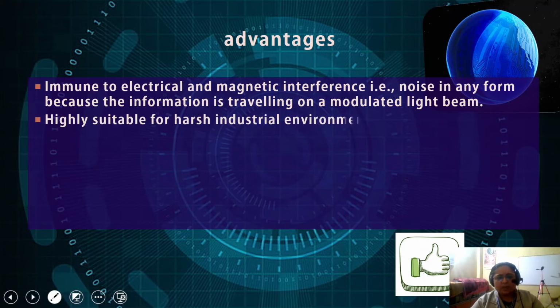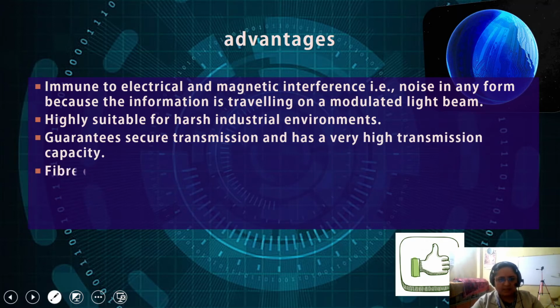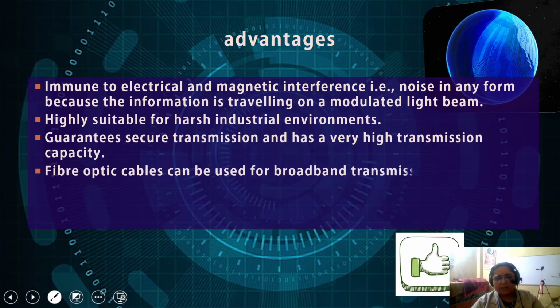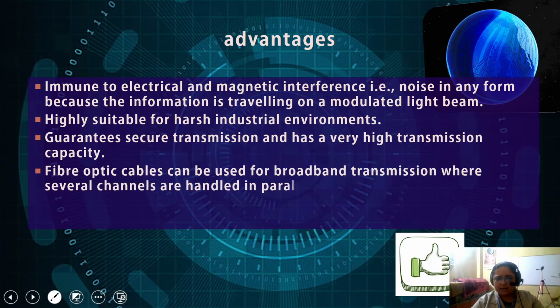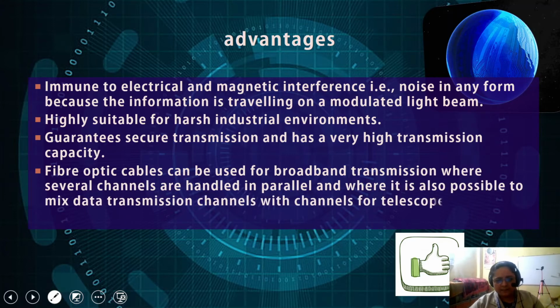Highly suitable for harsh industrial environments, guarantees secure transmission and has a very high transmission capacity that we have already seen. Fiber optic cables can be used for broadband transmission, where several channels are handled in parallel and where it is possible to mix data transmission with channels for telephone, graphics, TV and sound.